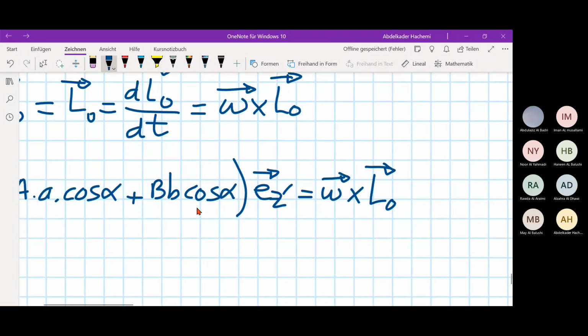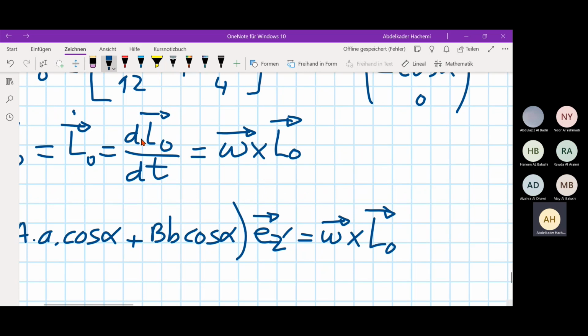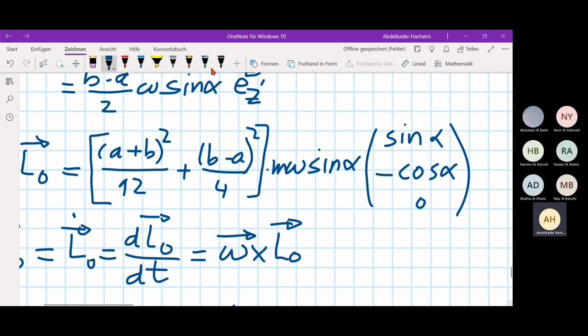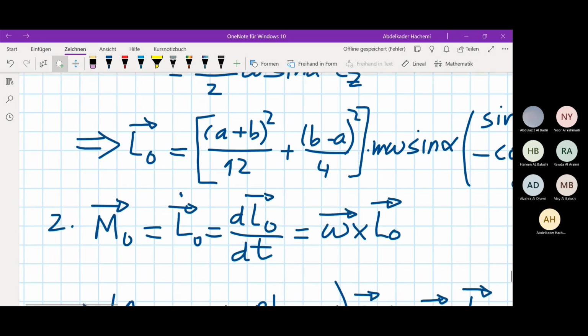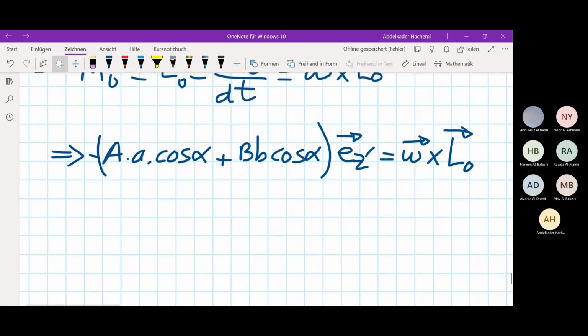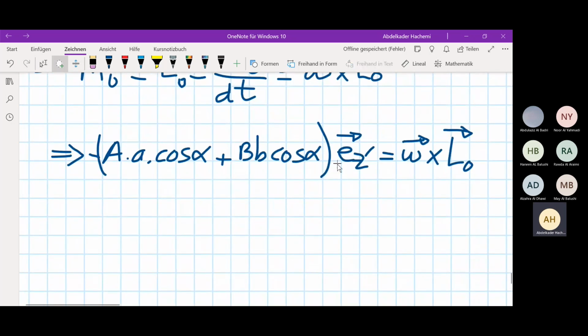Now, if we make the time derivation, we have the expression of LO, and this is the expression of MO here.